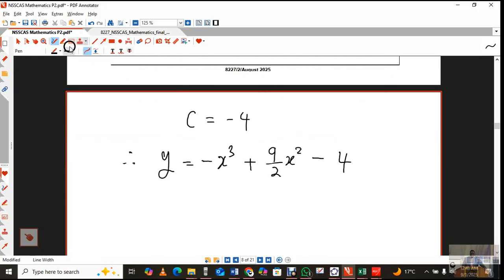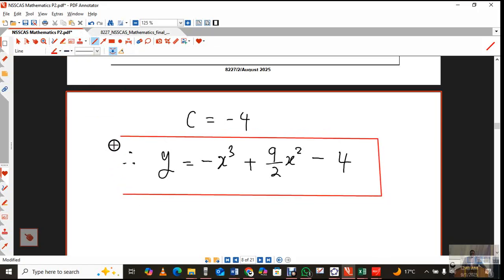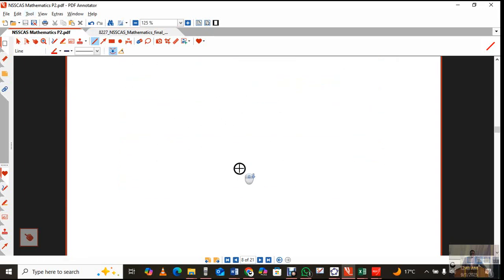Good. So at the end, this is what you have, and that is the final answer to that question. We're looking for the equation of the curve. Very important: if you have the gradient function, you have to find the curve. You are going backwards. To go backwards, you have to integrate.